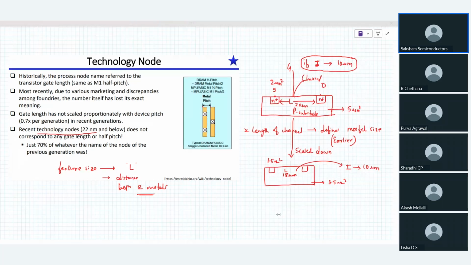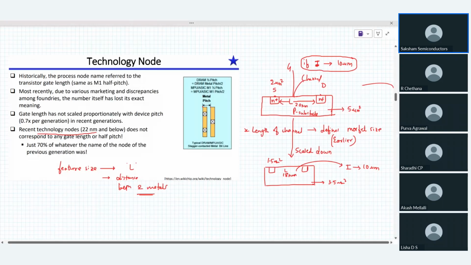But other than that, due to the scaling, as and when the MOSFET sizes reduce, the length also keeps on reducing, and it is not effectively good to always quote the length only as the feature size or the technology node. So they have changed the naming of the technology node with the help of this metal pitch.